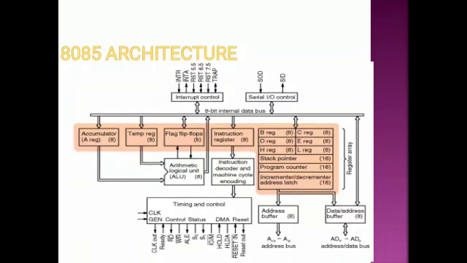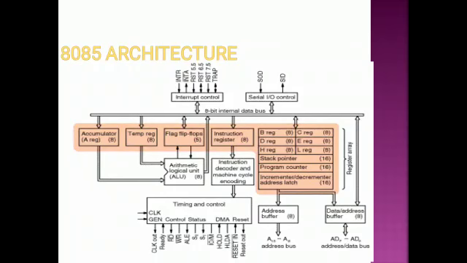Students, this is the architecture of 8085, which contains 3 units. One is the processing unit, another is the instruction unit, and the third one is the general purpose registers. Processing unit contains accumulator, arithmetic logic unit, temporary register, and the flag flip-flops.